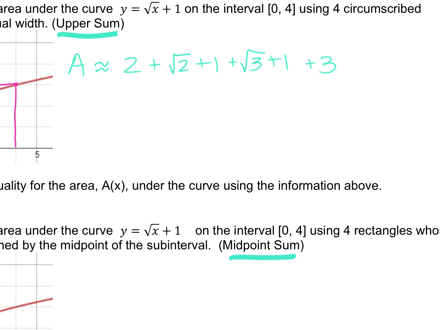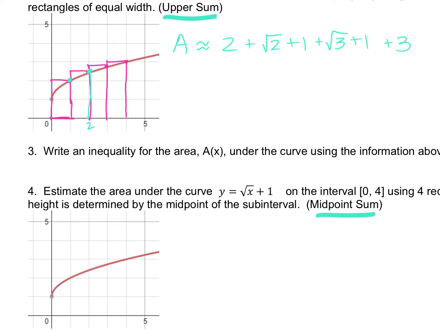So that we would say is an overestimate, right? Because we know the first one was an underestimate, right? The second one was an overestimate. So what would you say on this one? We would say that our true area falls between these two.